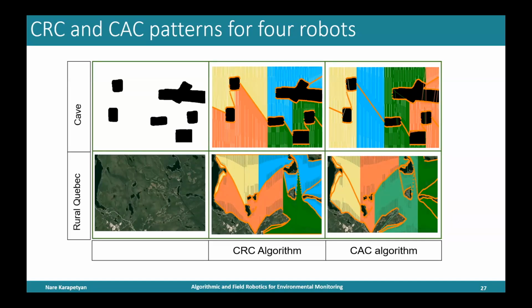One thing that you can notice is that in the CAC algorithm, because we were using this dual graph and first splitting the environment, it is as if you had a cake and were cutting it with parallel lines. That's how the second algorithm is going to give you, because we are first splitting the environment in a BFS fashion, right? BFS is still greedy, but it gives you an optimal solution.